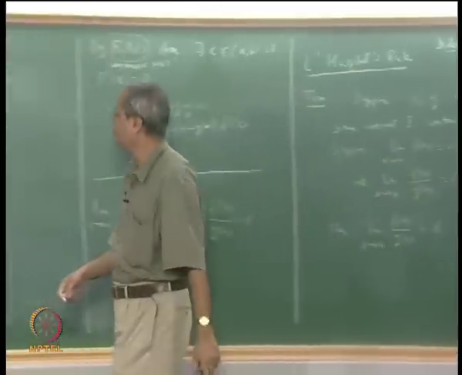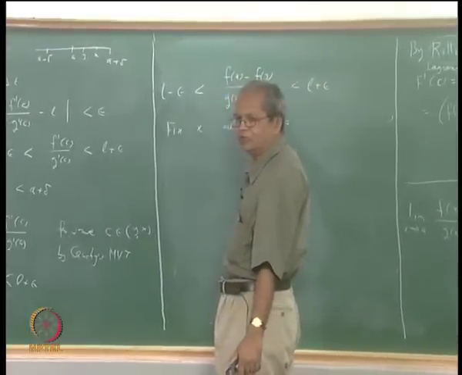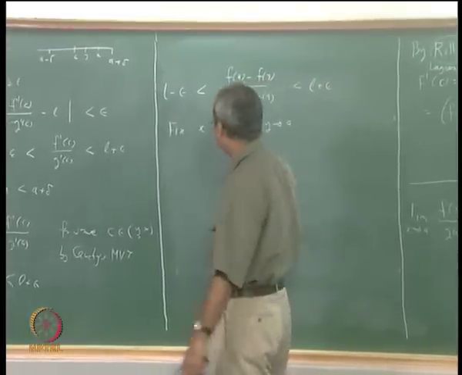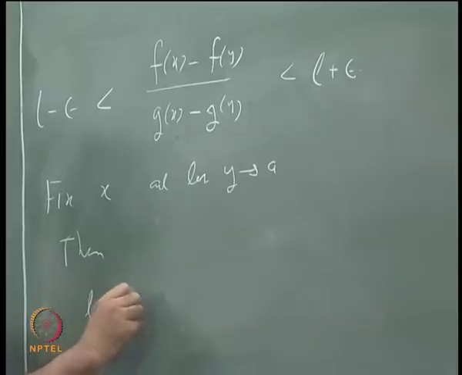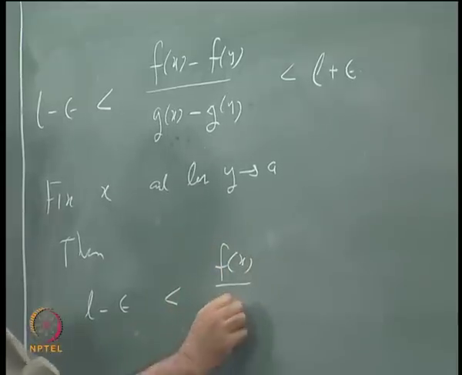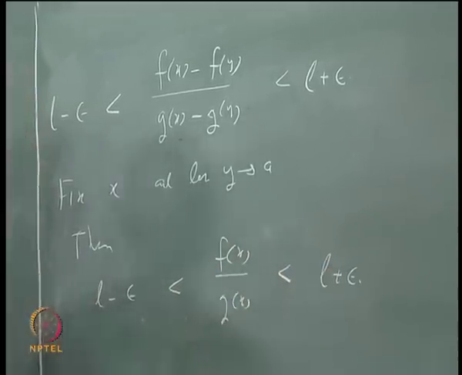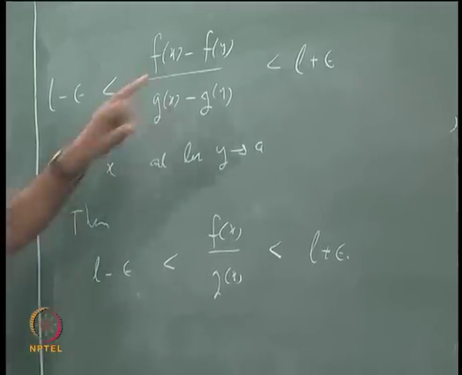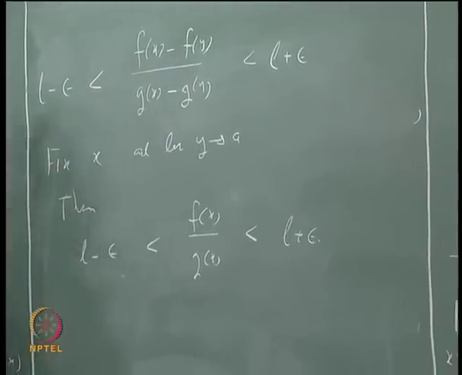So what it will mean is that in the limit fx by gx will lie between L minus epsilon to L plus epsilon. So then L minus epsilon less than fx by gx less than L plus epsilon, because these two numbers will become 0.